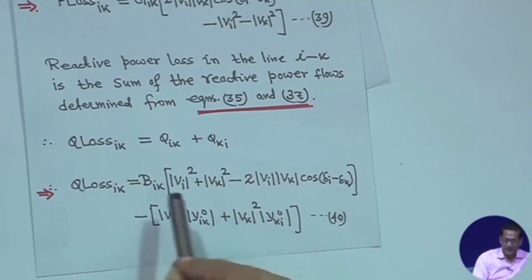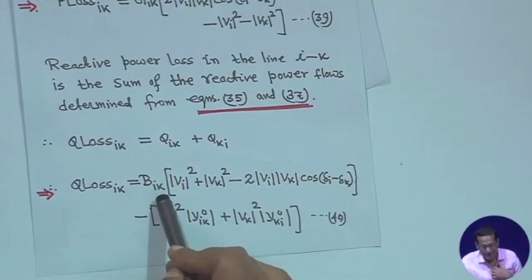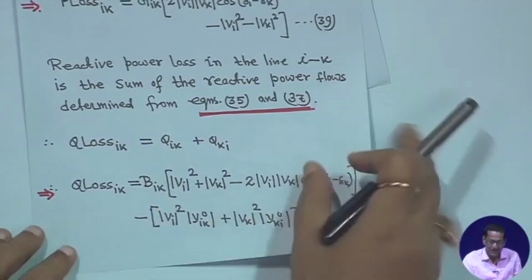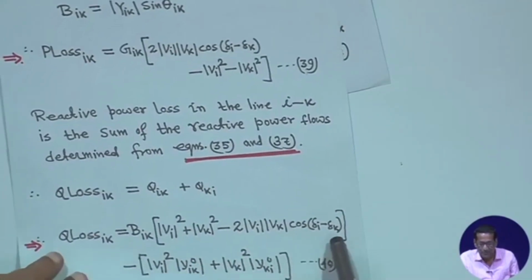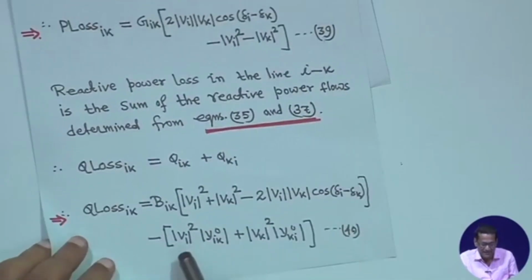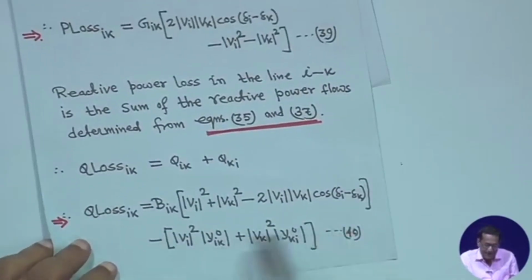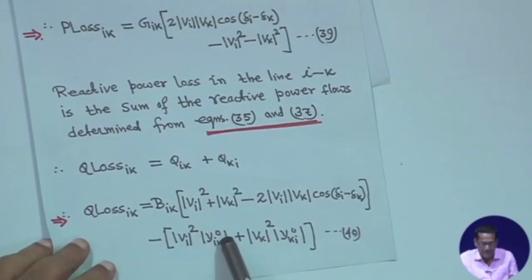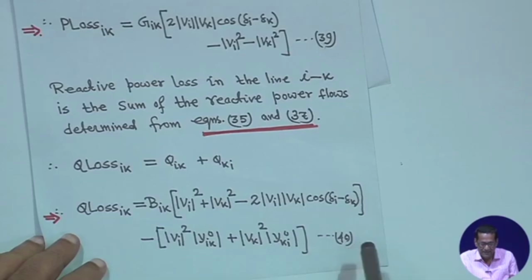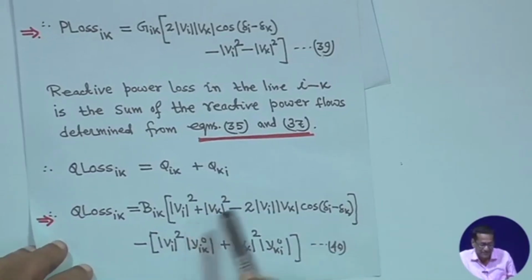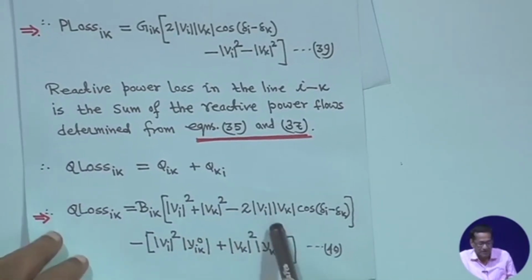So Q loss_ik will be B_ik times magnitude V_i square plus magnitude V_k square minus 2 magnitude V_i V_k cosine of delta_i minus delta_k, minus in bracket magnitude V_i square Y_ik0 magnitude plus V_k square Y_ki0. This is equation 40, the expression of Q loss.